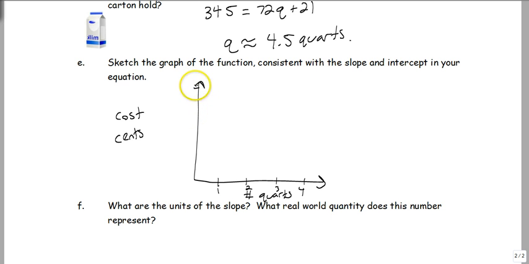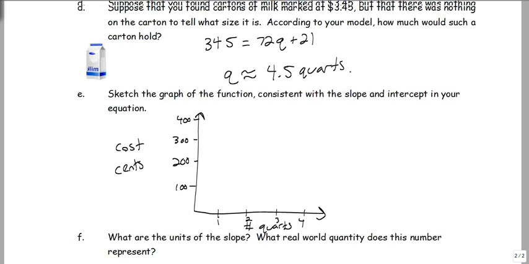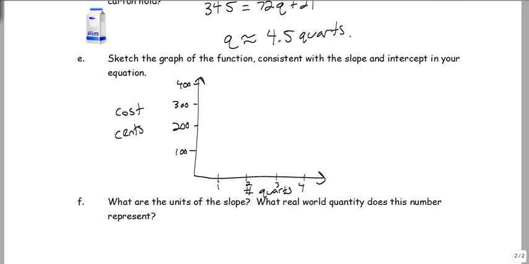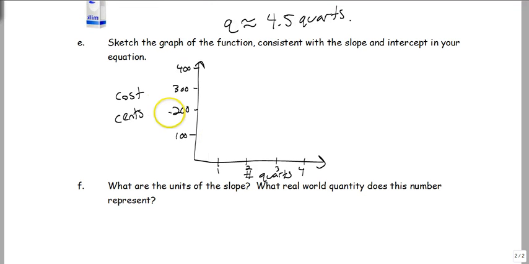And I'm going to just go, this is 400, this is 200, 300, and 100. We'll go from there. Now, when the number of quarts is 0, there's some random fixed cost, which is kind of weird. Probably because they have to make the cardboard. So the intercept here is 0, 21, because when you put 0 in for quarts, you get 21 cents. So the intercept here is 0.21.